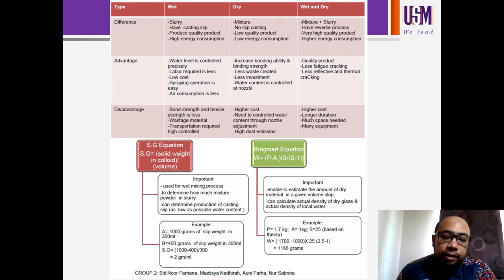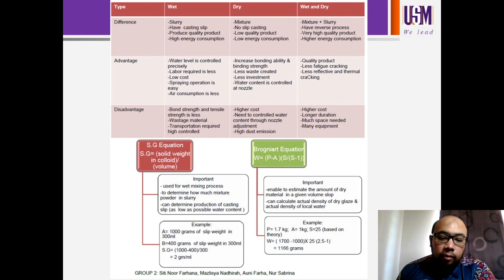For the SG equation, maybe you can see my pointer here. Normally we want to determine how much mixture of powder is in the slurry.